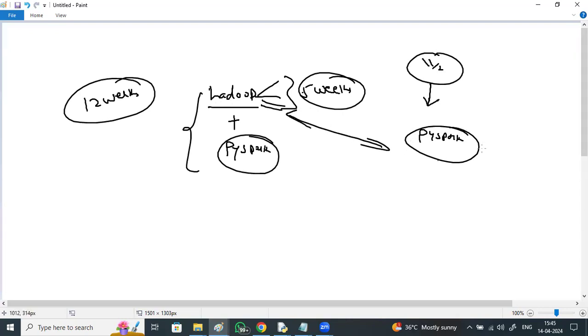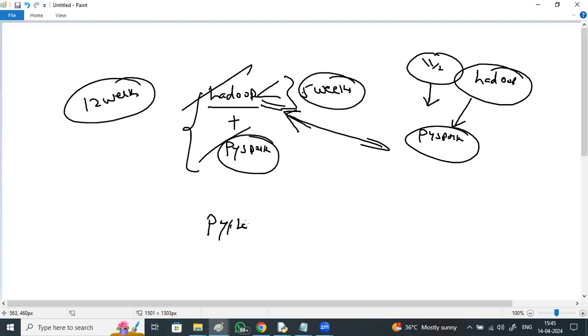This PySpark is not for your batch; the previous batch people who have completed Hadoop are going for PySpark now. But if anyone from your batch wants to go parallelly with Hadoop, PySpark and Python, there is a batch.